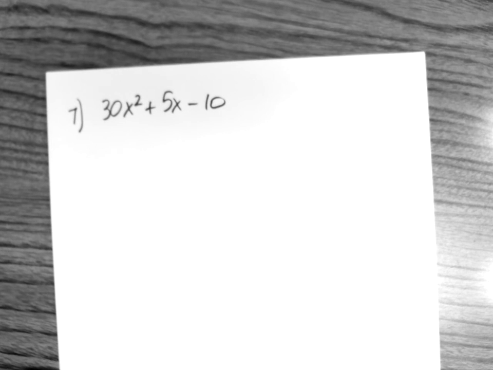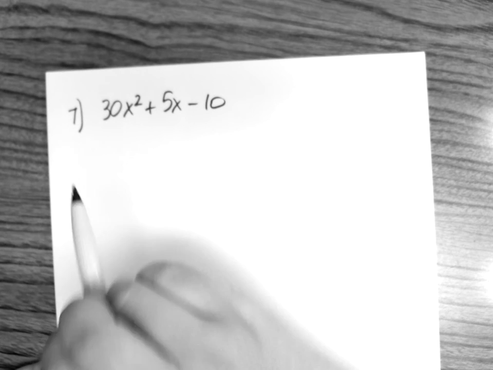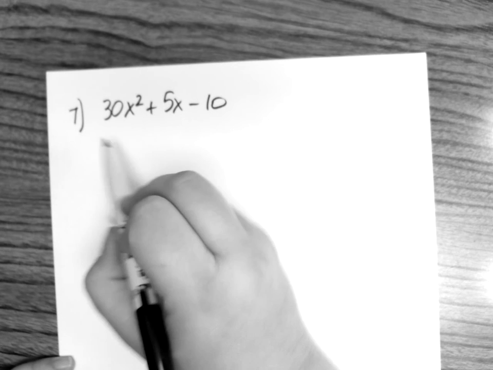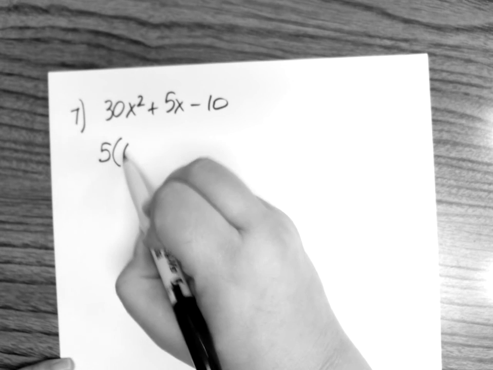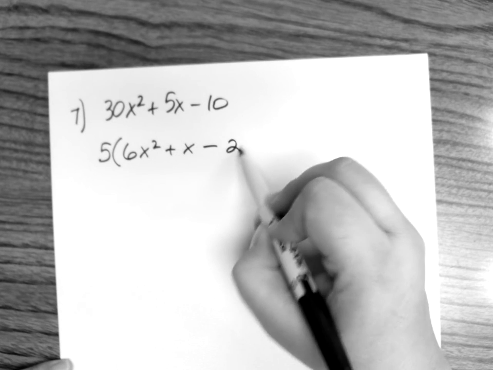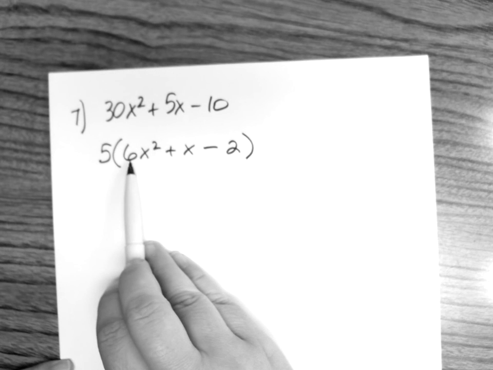This is going to be box method, but first of all, it has a greatest common factor. You really should always be looking for greatest common factors. It has to be something that goes into all three terms. 5 does in this case. So I'm going to take a 5 out. That leaves me with 6x squared plus 1x minus 2. So it's still going to be box method to factor.